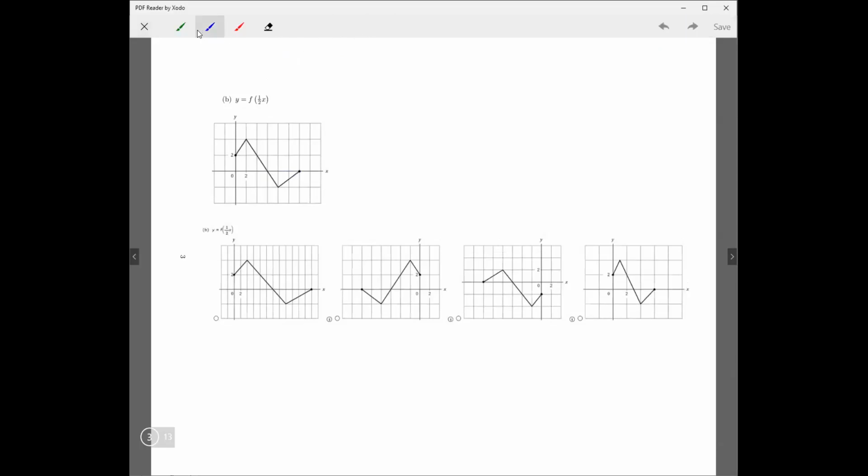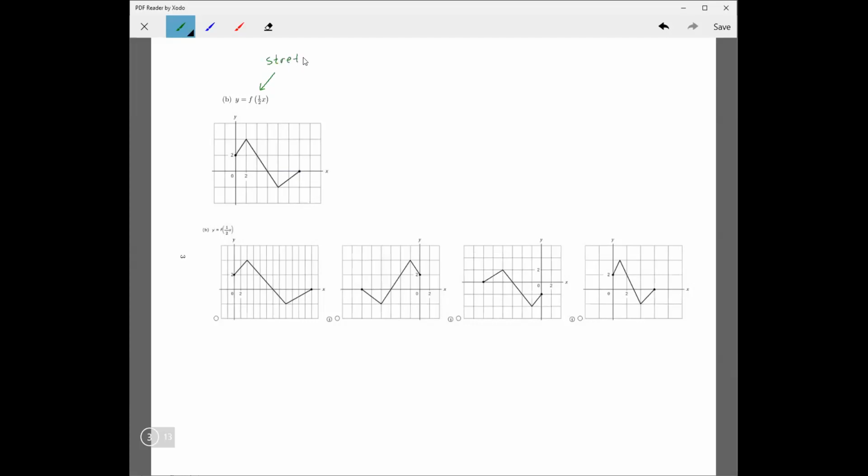And here, what's going on here? Anybody want to tell me what this does? Wouldn't it shift it horizontally by a factor of 2? Increase it as opposed to decreasing?